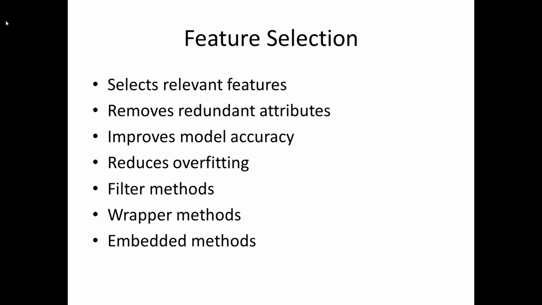Feature selection selects relevant features and removes redundant attributes. It improves model accuracy and reduces overfitting. It uses filter methods, wrapper methods, and embedded methods.